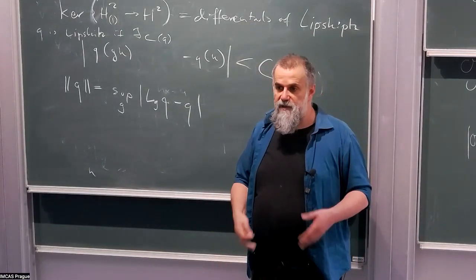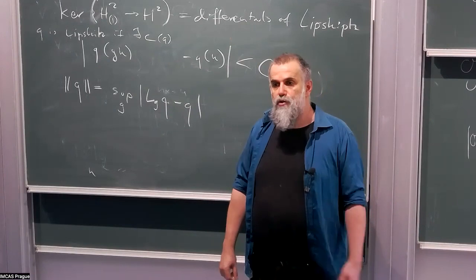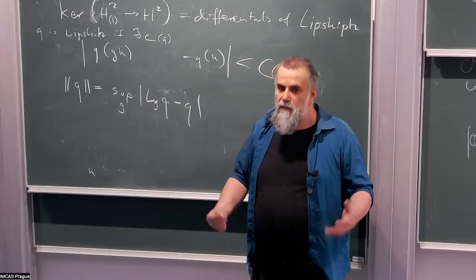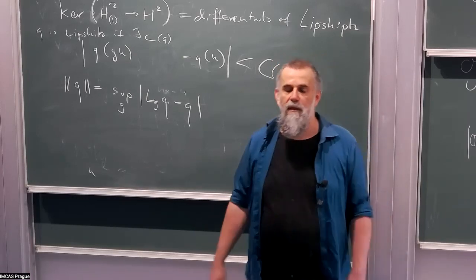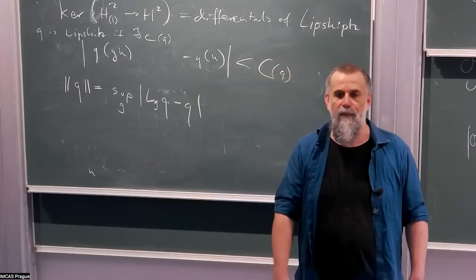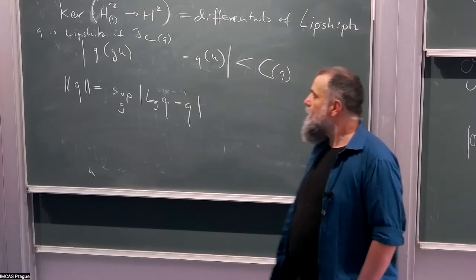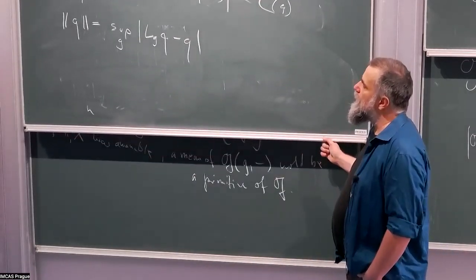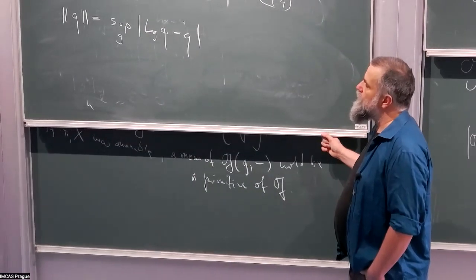So quasimorphisms shouldn't exist at all, morally. And if they do, it's a result. Lipschitz functions, there are everywhere. That stopped us for a long time before we wrote this paper.